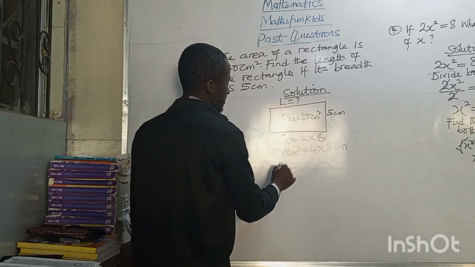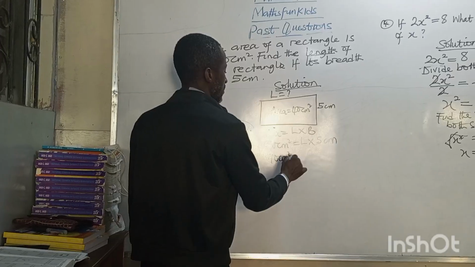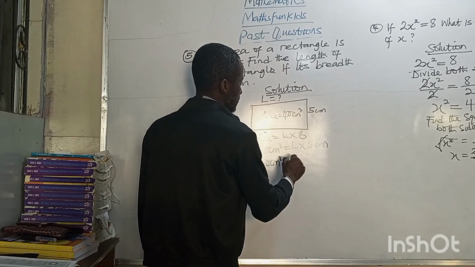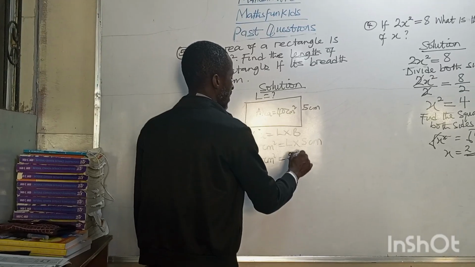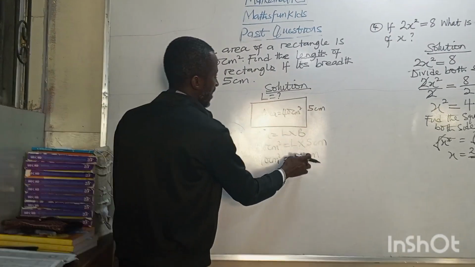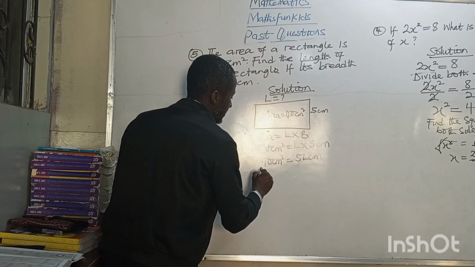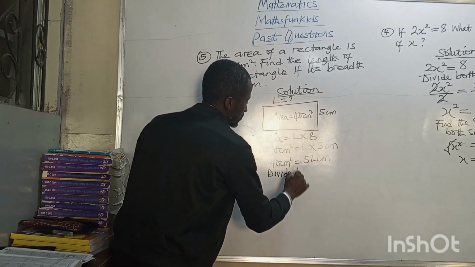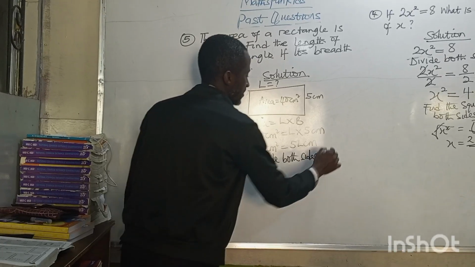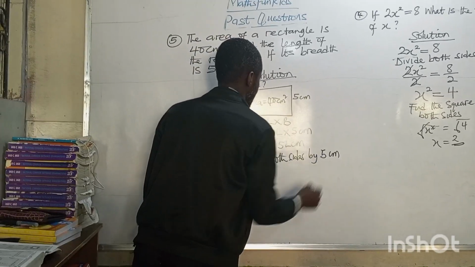Now you have 40 centimeters squared equal to length times 5 centimeters will give you 5L centimeter. Now to find the value of L, you divide both sides by 5 centimeters.